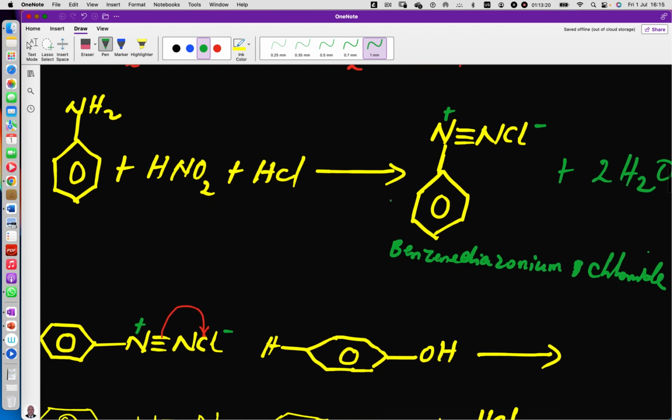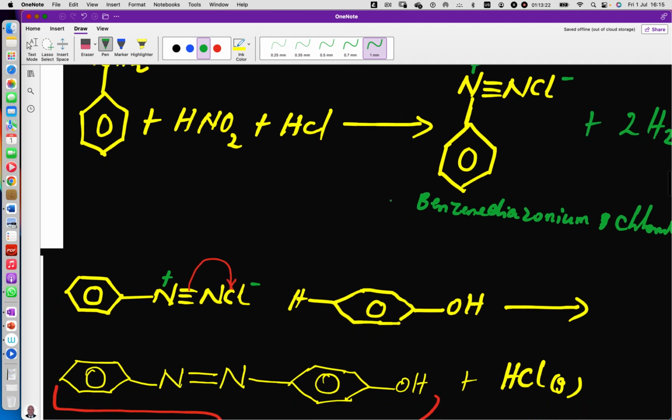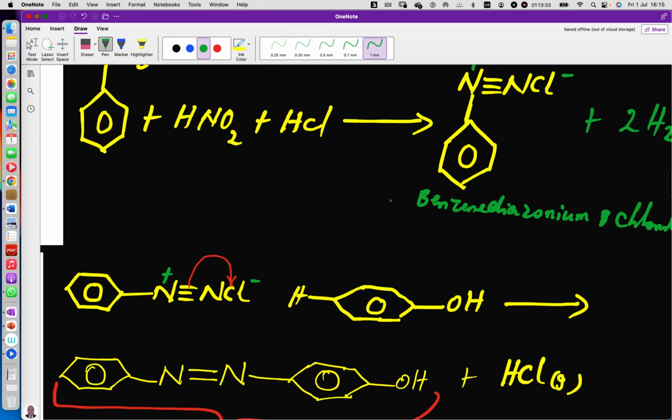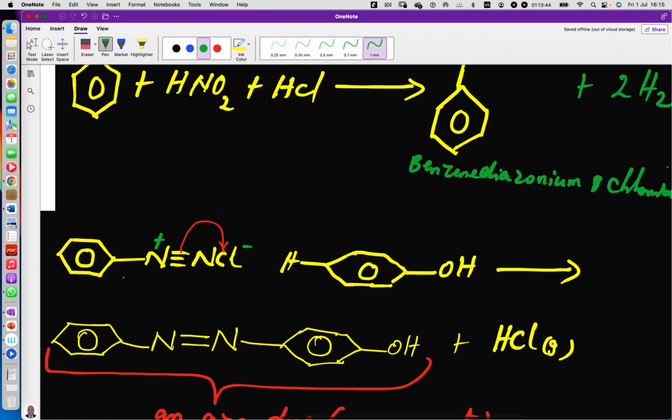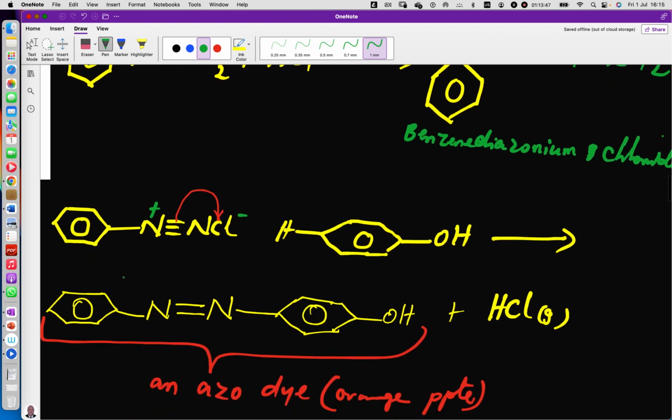The benzene diazonium chloride, the salt, can now react with an alkaline solution of phenol, that is phenol in an alkaline solution. And when it reacts, this is a coupling reaction. When phenol in an alkaline solution reacts with this benzene diazonium chloride, what will be formed is an azo dye, with hydrogen chloride released as a gas.